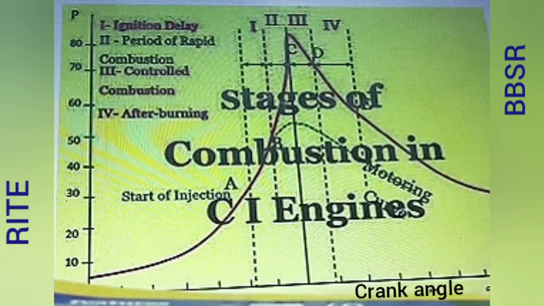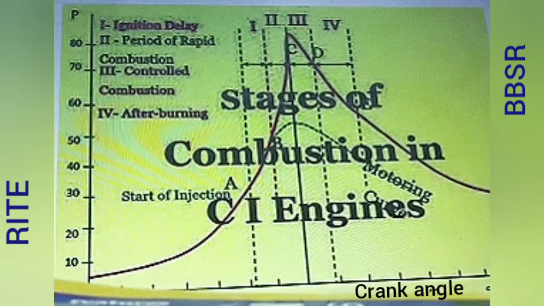The chemical delay usually takes a longer period compared to the physical delay, but chemical delay depends on the temperature of the surroundings. At high temperature the chemical reaction will be faster and the physical delay becomes longer than the chemical delay.